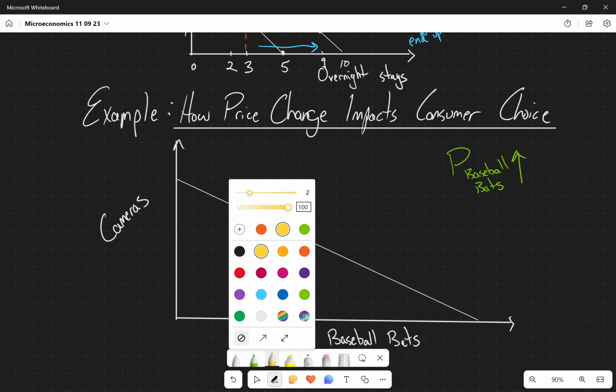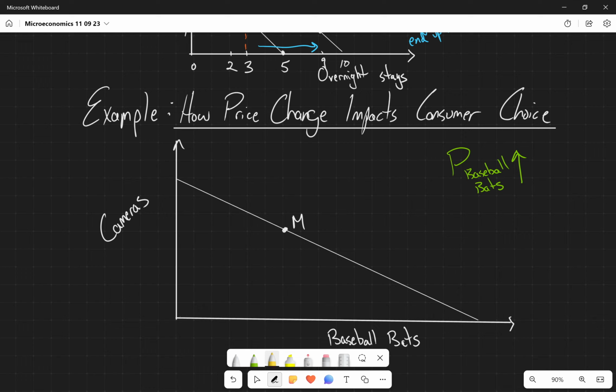But how do we show this? So we show this by rotating this line inwards. So it's going to start at the same initial point, but now it ends at fewer baseball bats, right?